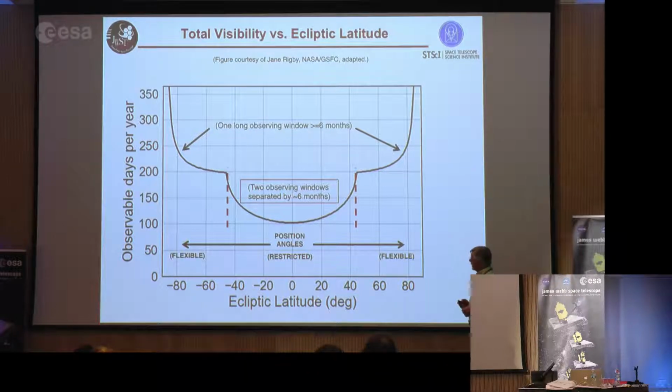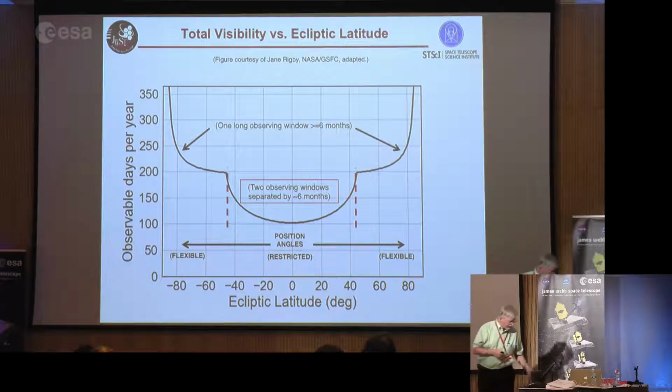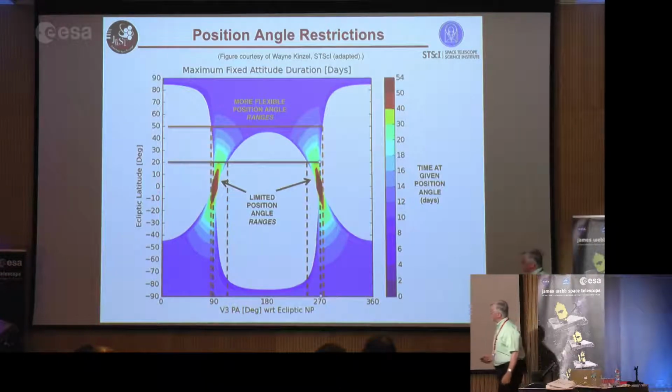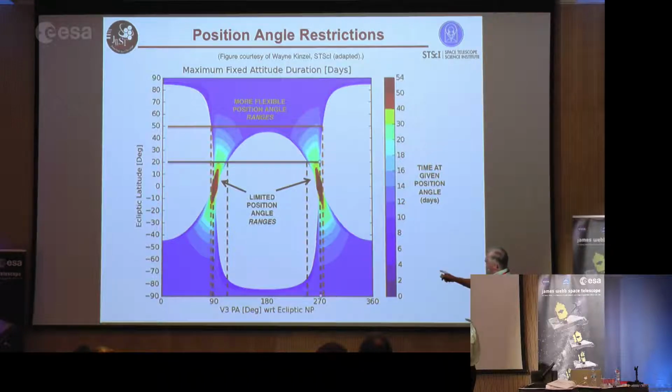There's another way of looking at that, and this one takes a little bit of explanation to understand. Now I've got ecliptic latitude on the y-axis, and the V3 position angle is the reference position angle of the observatory as opposed to one of the instruments. You could also make a plot like this for each of the instruments. Several of the instruments are pretty closely aligned to V3, and a couple of them are offset. MIRI is offset by about 5 degrees, and NIRSpec is offset by quite a large amount.